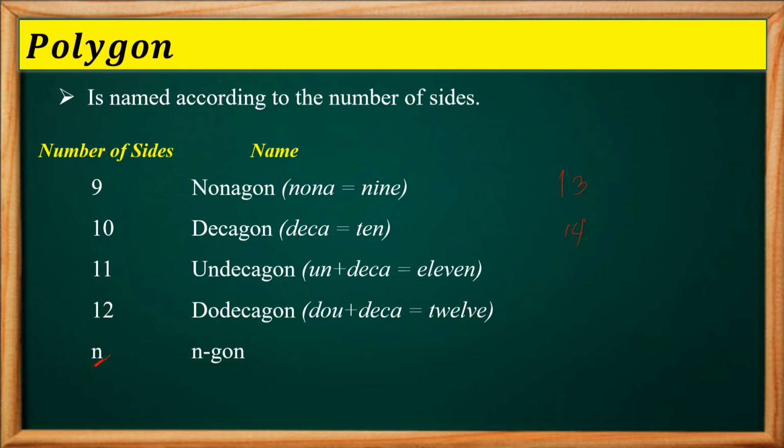Example, 13, then it is 13 gon. Kapag 14, it means 14 gon. Kapag 25 sides, that is 25 gon. If it is 100, then we will write 100 gon. Okay? Those are how to name those polygons. Okay, hanggang 12 lang tayo.